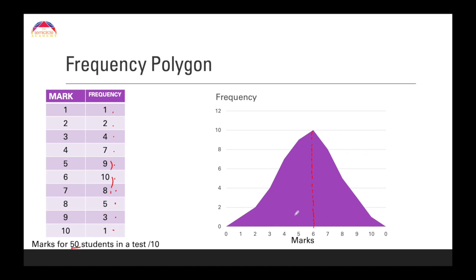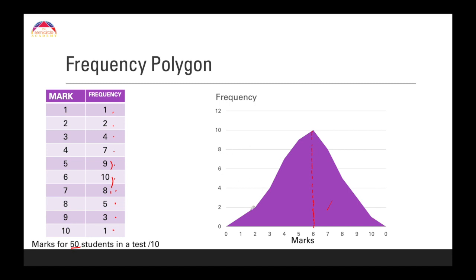So out of 50 students, you have the majority of the class making the middle marks. You also have a little bit of the class making the high 9 and 10, and you also have a little bit of the class doing very badly, less than 4, less than 3, right? So we can actually tell a lot of stuff.